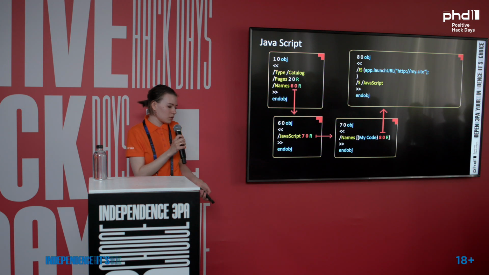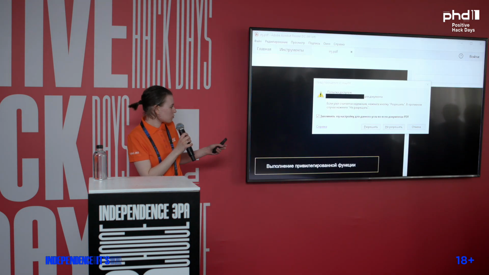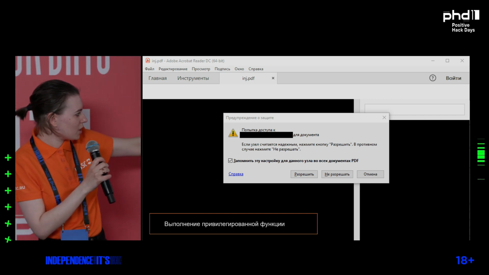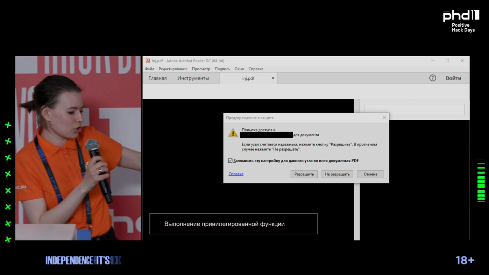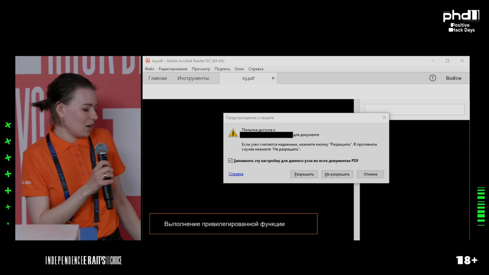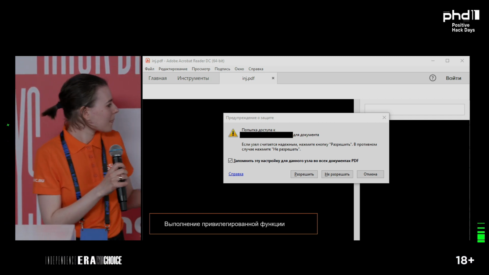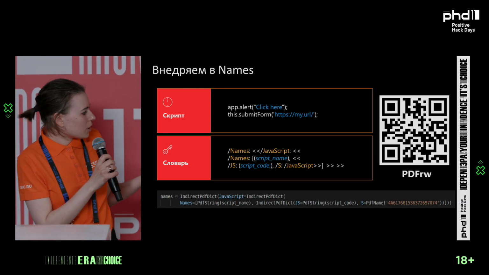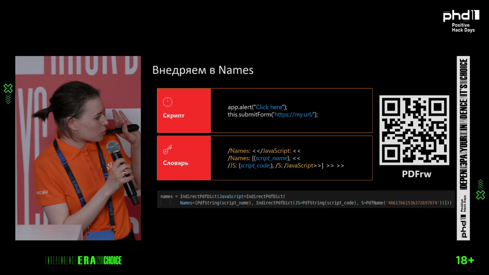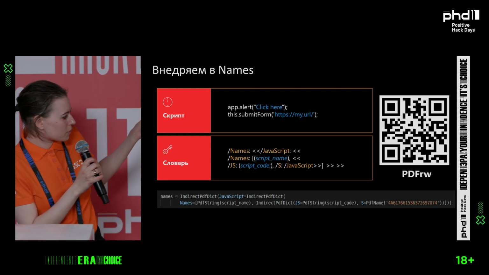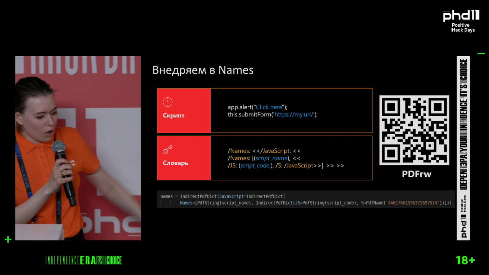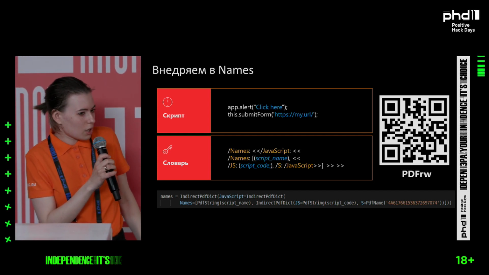It addresses a third-party resource. It's a privileged function. So it's important to say that the pop-up message with the permission button should spring up, and only after the user clicks this button does the function execute.